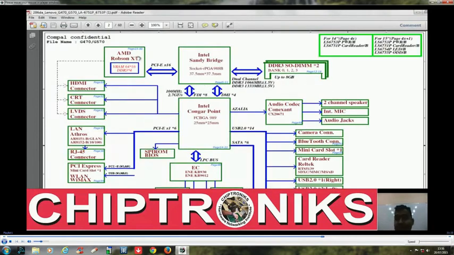But the question arises, why is this graphic controller connected to the CPU? Because our display controller is in PCH. So why is this display controller connected to CPU? This is a very important change in the Intel architecture.